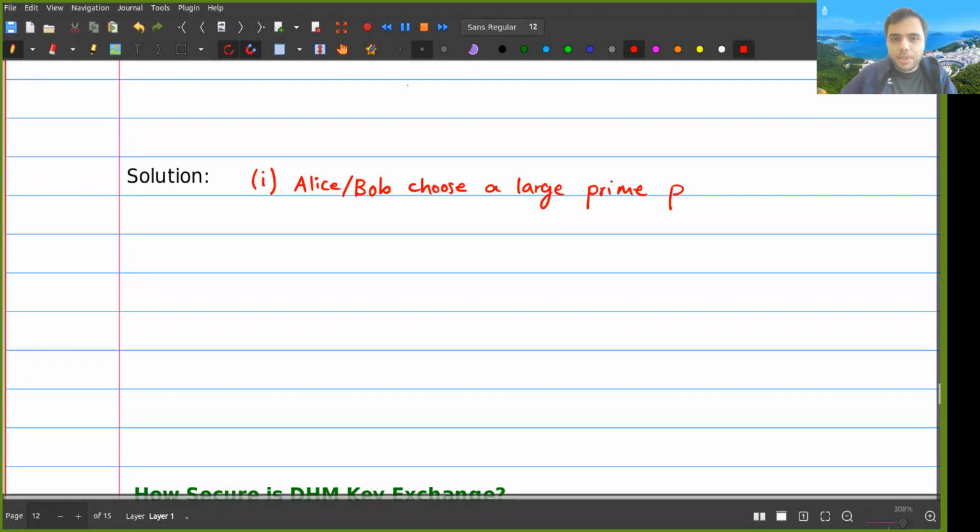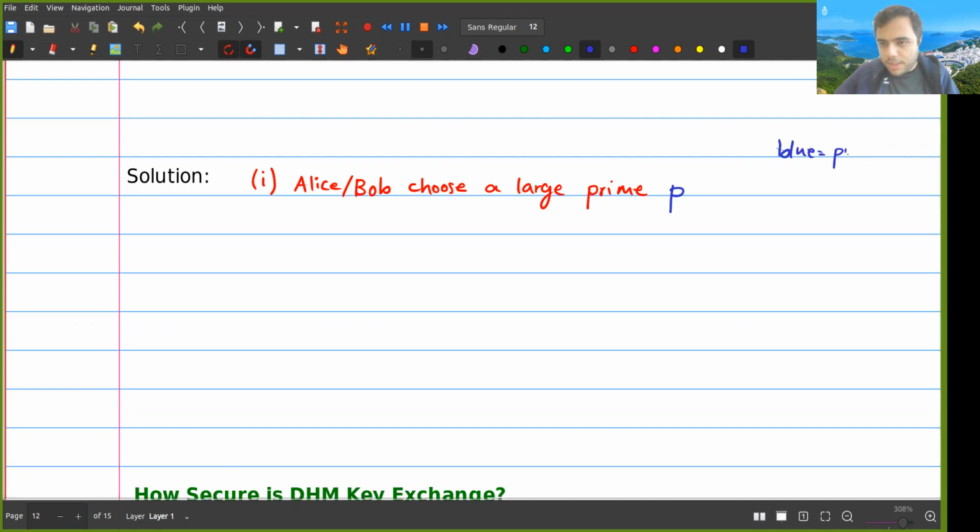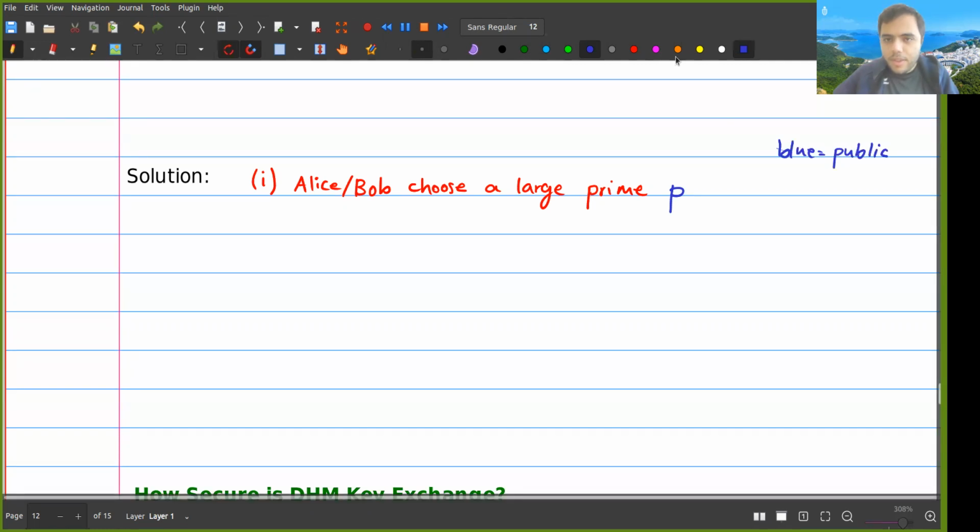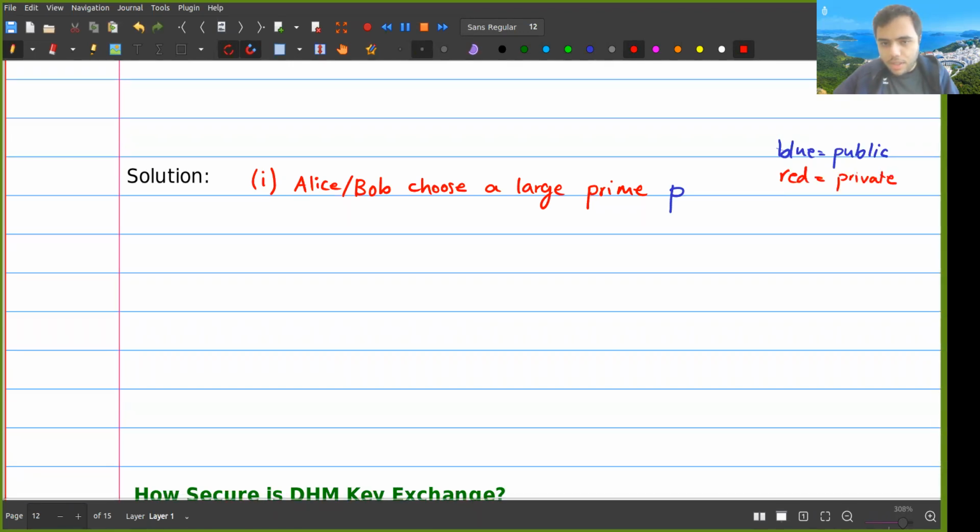So let's actually do something here. I will show everything that is communicated over the network in blue and everything that is secret in red. So blue means it's public, everyone can see it. And red means it's private and it's not communicated over the network. Okay?